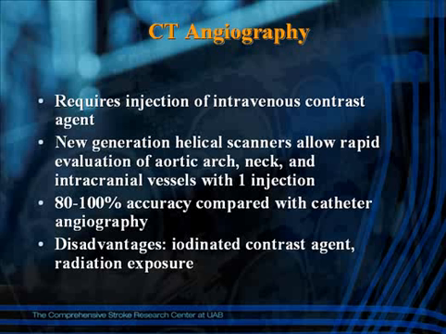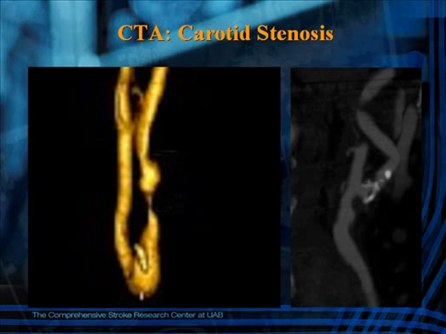However, it requires injection of intravenous contrast agents. The scanners allow very fast evaluation and may provide you a shot from the arch and neck all the way to the brain within one injection. However, it has disadvantages. It has radiation and it requires contrast agent, and some patients may be sensitive to it.